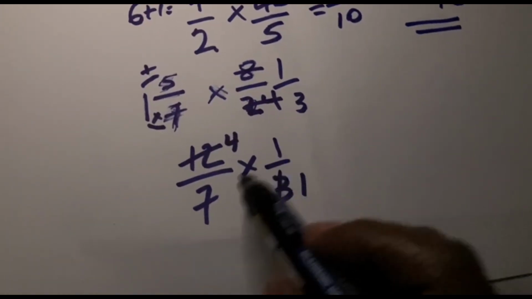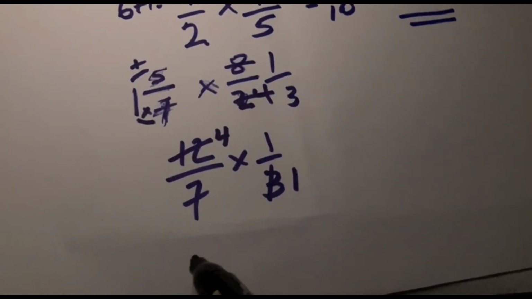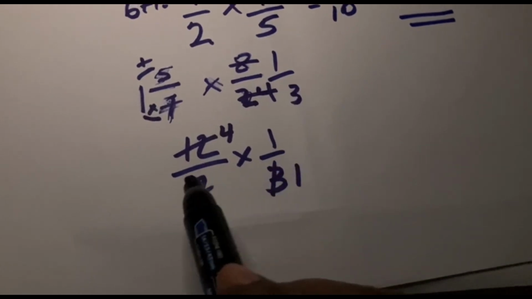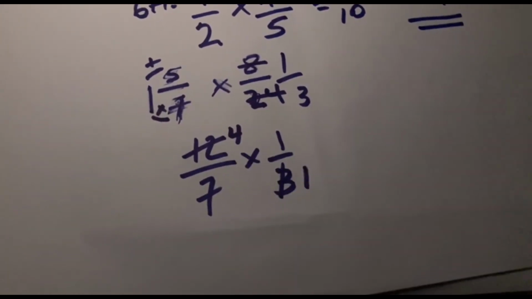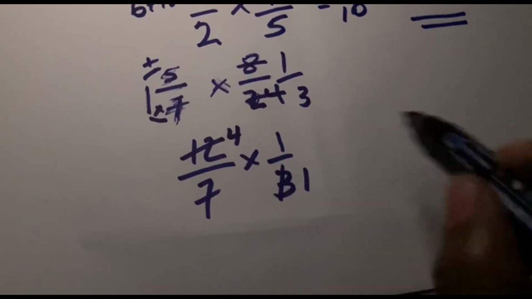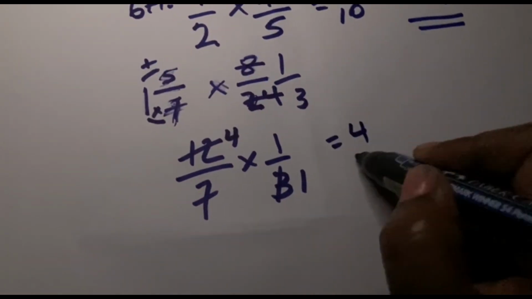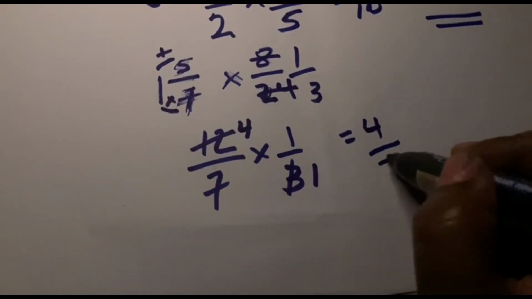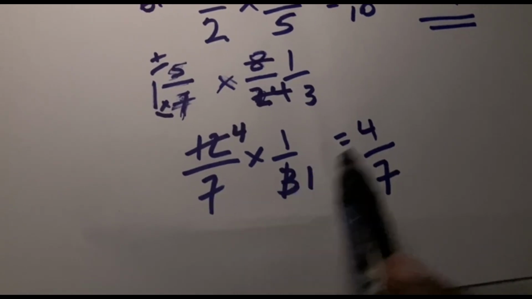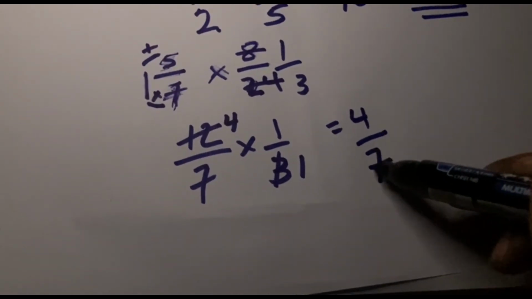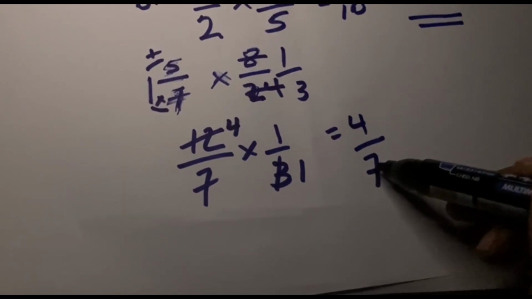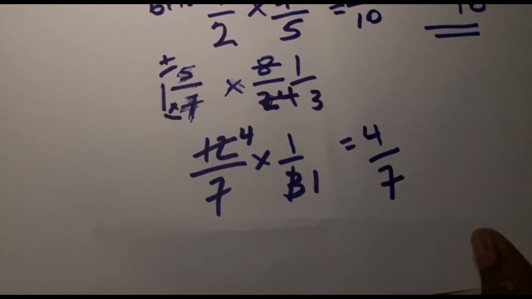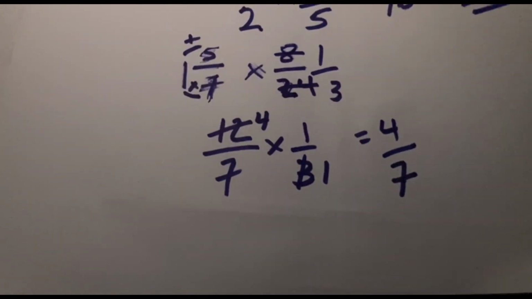Now anything to simplify? No. Therefore, we just multiply straight across. 4 times 1 is 4, and 7 times 1 is 7. The numerator 4 is less than the denominator, so we don't change it into any mixed fraction. It will be as it is.